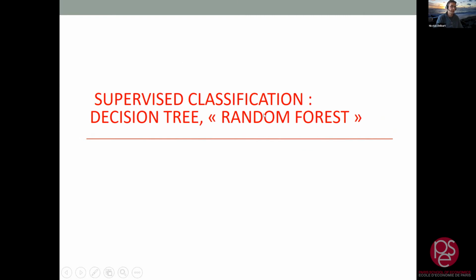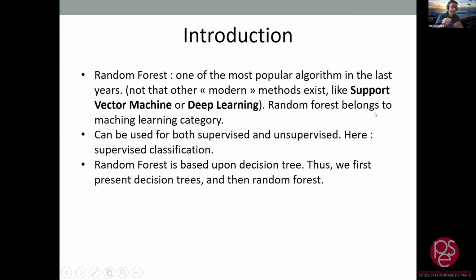Random forest is very popular in remote sensing and very effective, and it has several qualities. First of all, it is effective, and also what is done to the data is clearly understood compared to other methods. So it is one of the most popular algorithms in the last years.